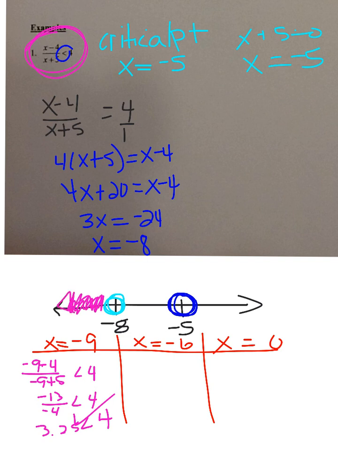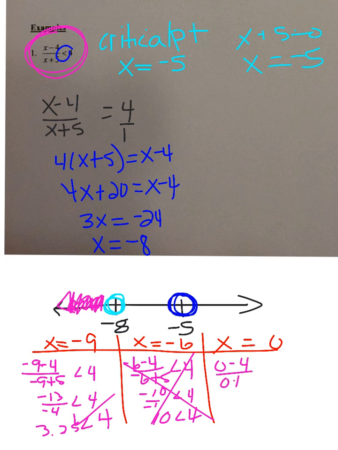Now I'm going to try -6. So I have -6 minus 4 over -6 plus 5. Is that less than 4? So I have -10 over -1. Is 10 less than 4? That's not true. So we don't shade in the middle. Now you try 0. 0 minus 4 over 0 plus 5. Is that less than 4?